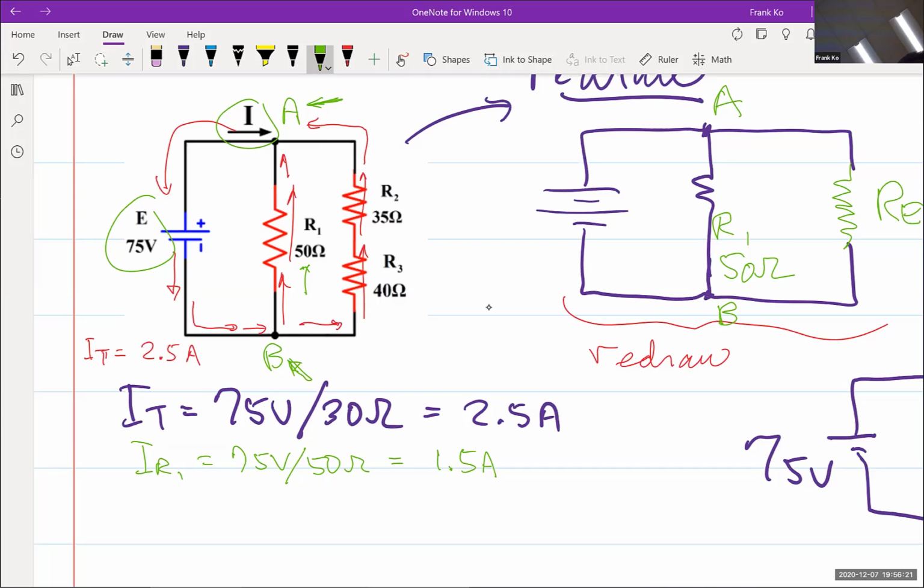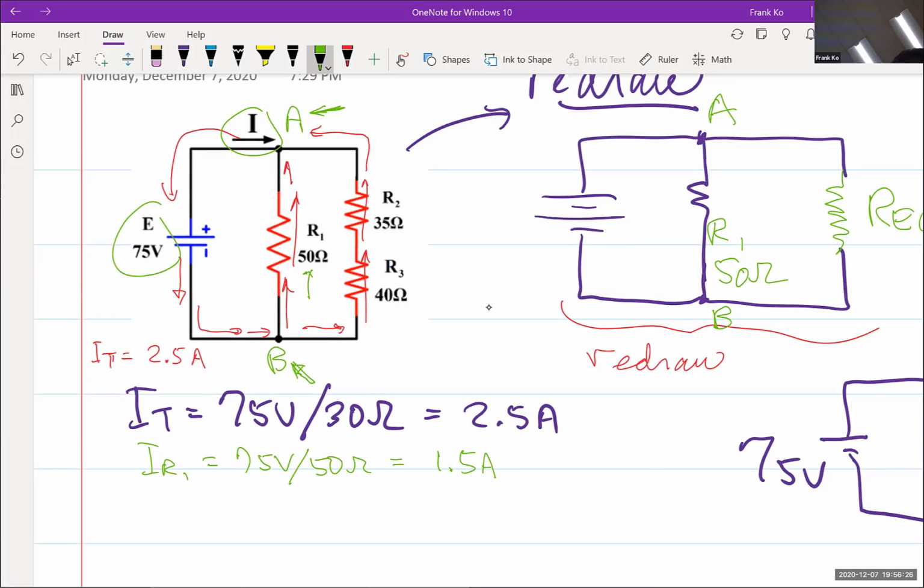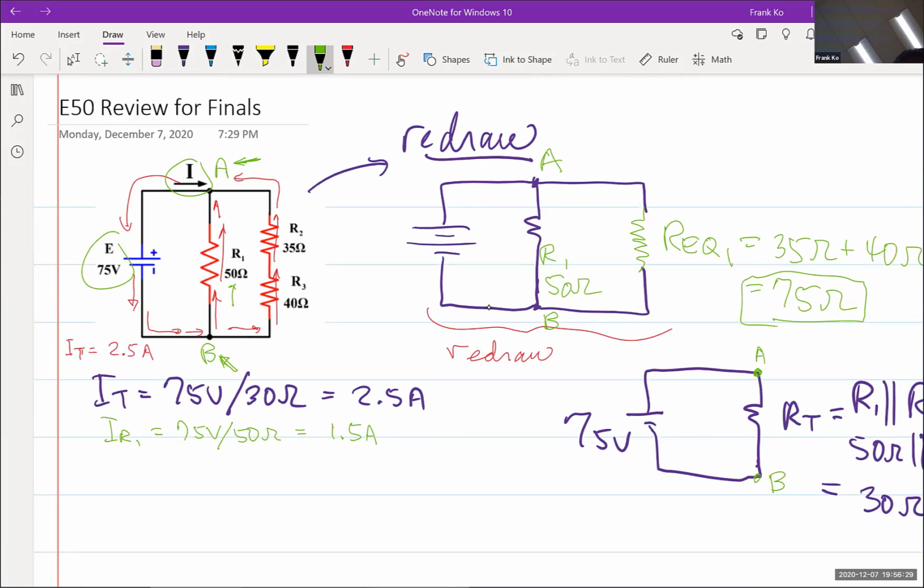And if you do the same on the other side, which has an REQ that we calculated earlier, that was 75 ohms, yes? Well, this is also point A, this is also point B. So between point A up here and point B down here, don't we have our 75 volt source? What is 75 volts divided by 75 ohms? Your REQ number 1 is IR2 equals IR3, is that correct? And so this is equal to 1 amp.